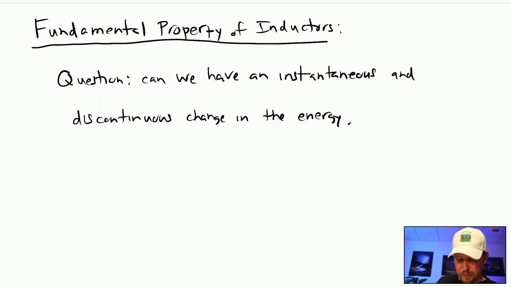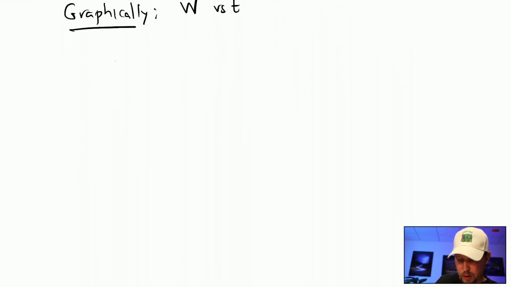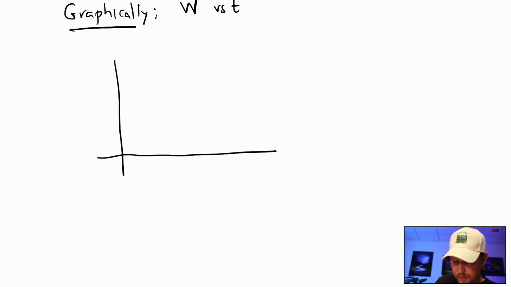So, for example, suppose we were to analyze this question graphically. And suppose that we had graphed the energy in an inductor versus time. So here we have our two axes. We have time over here. We have the energy.